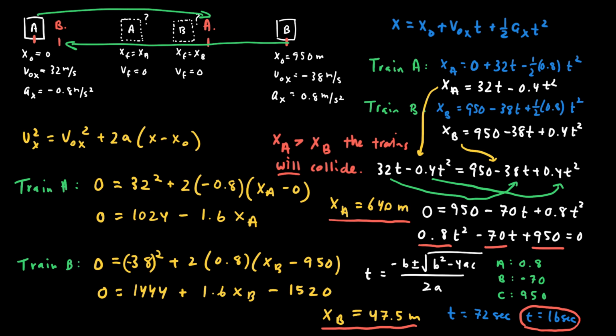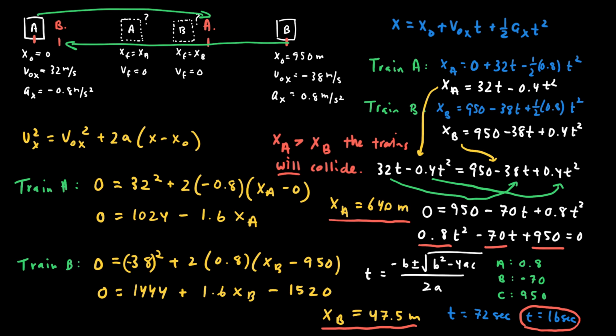So for instance, if the two trains were on separate tracks, you could imagine a situation where the two trains are moving toward one another, they get to the same spot after 16 seconds, they continue moving, and under their own decelerations come to a stop, and assuming that those accelerations that those trains have continue to act on those trains, those accelerations would then bring those trains back to that same position again.